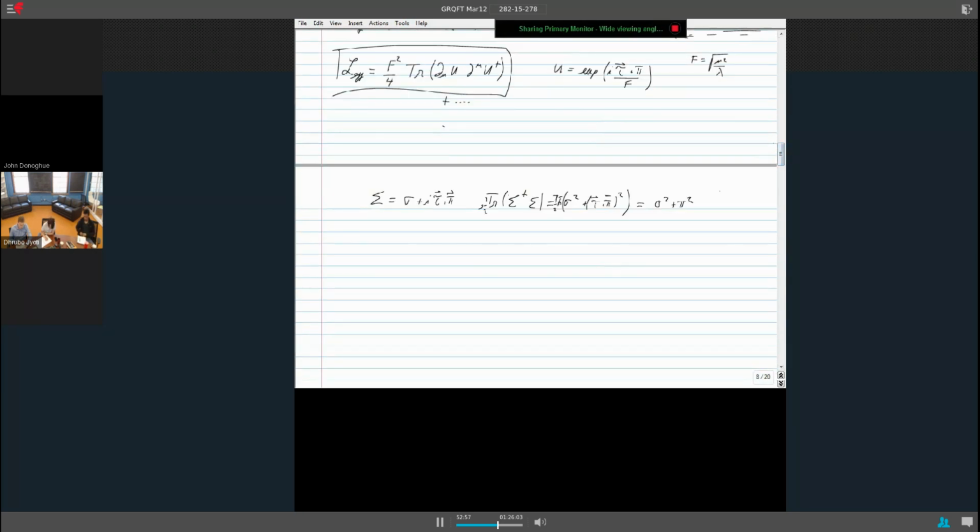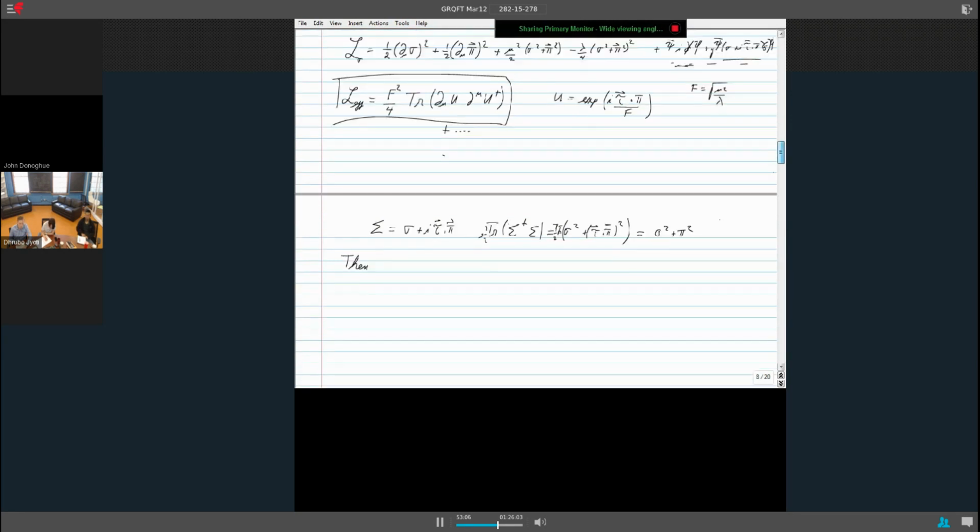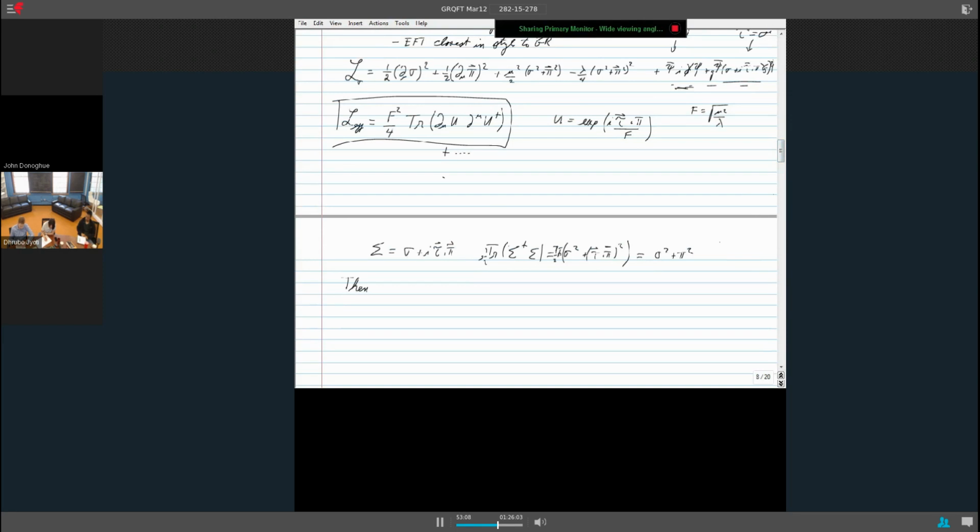Okay, then if I do that, then Sigma dagger Sigma is sigma squared. The cross terms cancel. It's then plus tau dot pi squared.